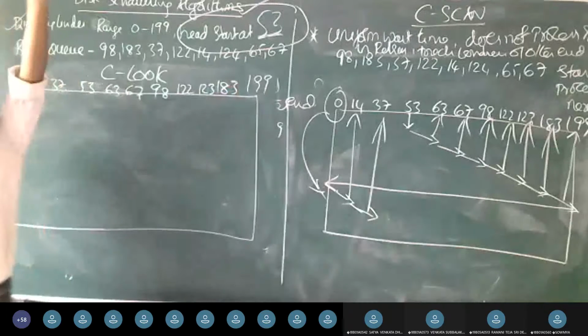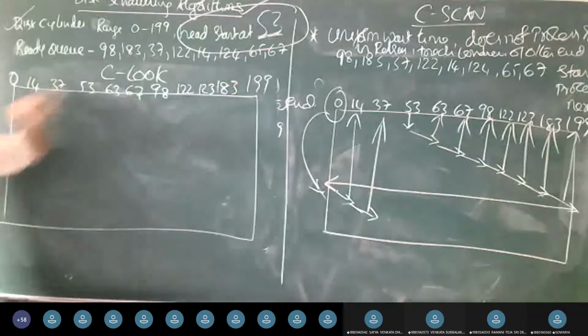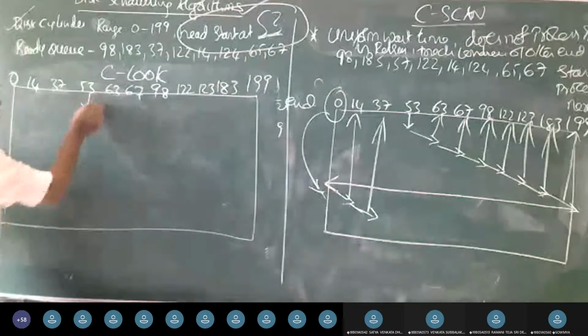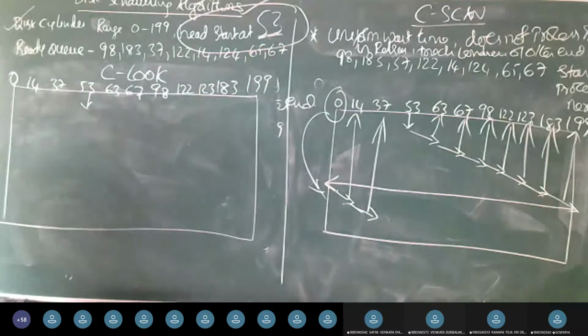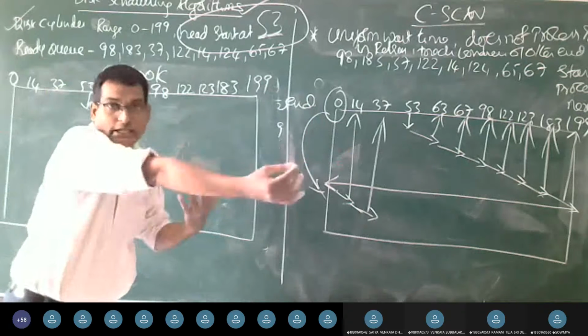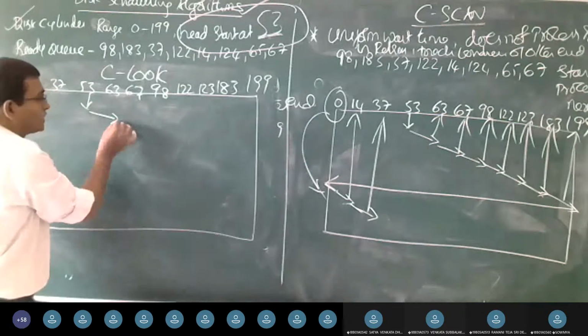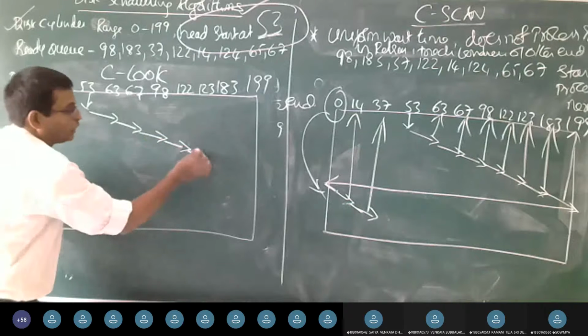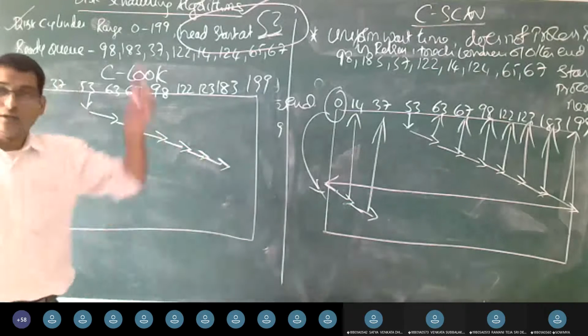These are the items. Where was the header position? The header position was at 53. Then it has to touch one boundary, which is towards its maximum, towards its right. So it goes to 63, 67, 98, 122, 123, 183.